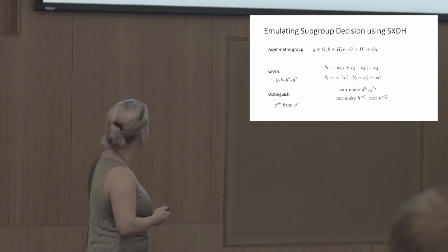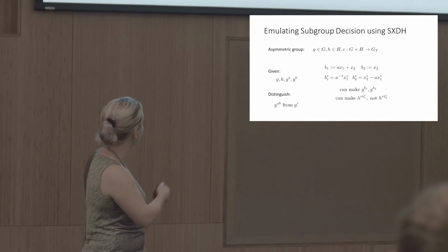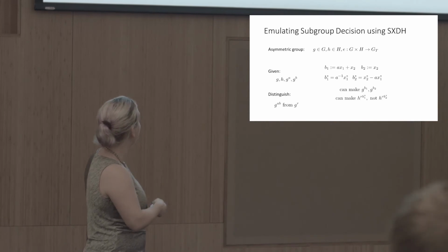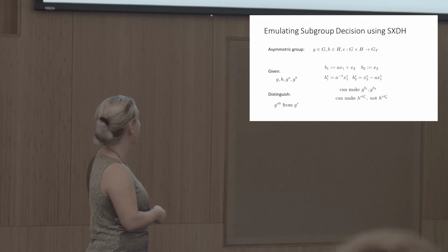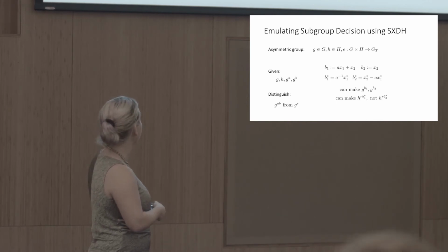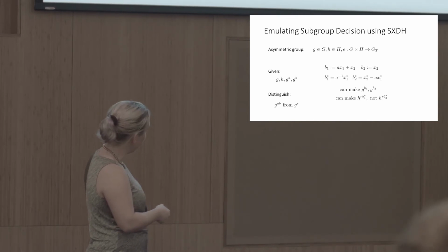And you can turn the subgroup decision problem into this SXDH problem by embedding these A and B into the definitions of these bases. So we can see here that if you define your bases in a certain way, then you can create these individual generators on one side, and you can create something here on the other side in one space, but not the other.